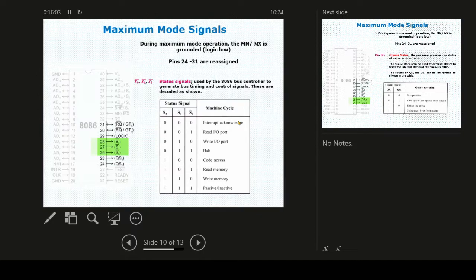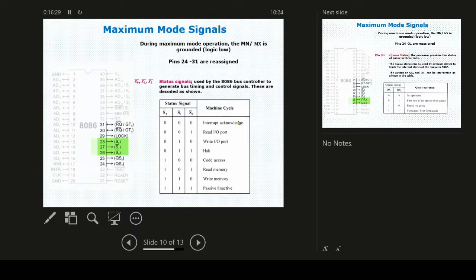If S2 is 0, S1 is 0 and S0 is 1, then it does the input output read action. If S2 is 0, S1 is 1 and S0 is 0, then the machine does the input output write action. If S2 is 0, S1 is 1 and S0 is 1, then it will halt.